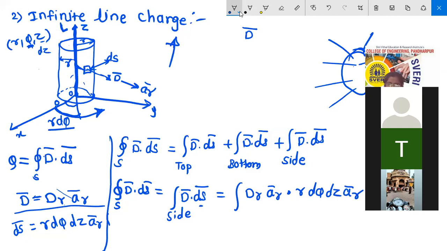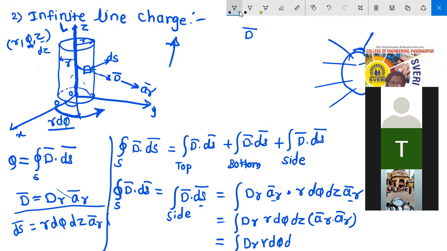Now just take the dot product of a bar r and a bar r. We can write this as the integration of D_r r d phi dz times a bar r dot a bar r. What is a bar r dot a bar r? It is equal to 1. So the integration of D_r r d phi dz.